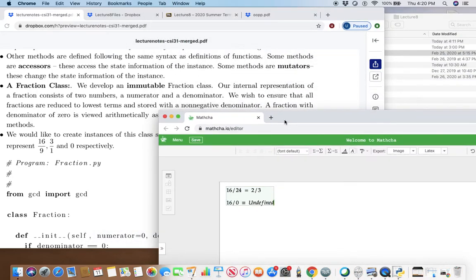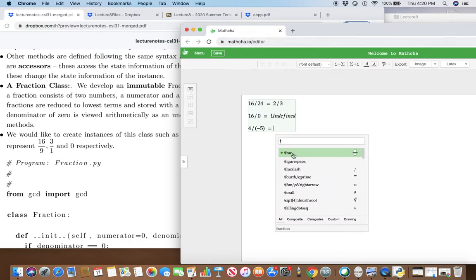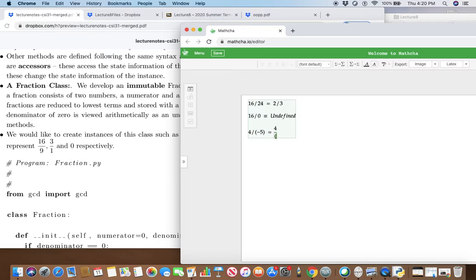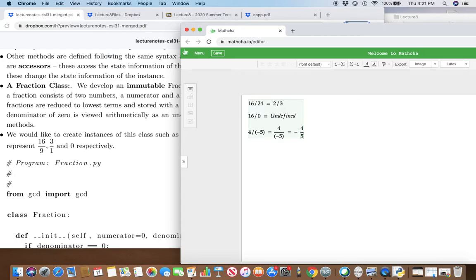What if you have a negative denominator, like 4/-5? What does this even mean? This is a negative fraction, 4/5.